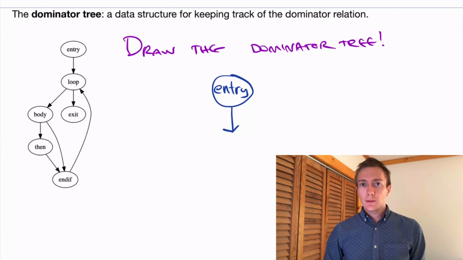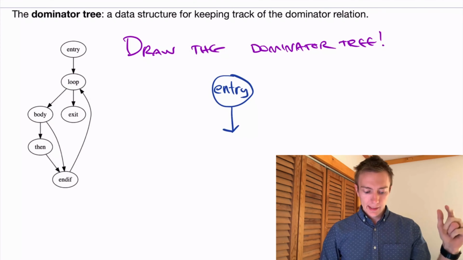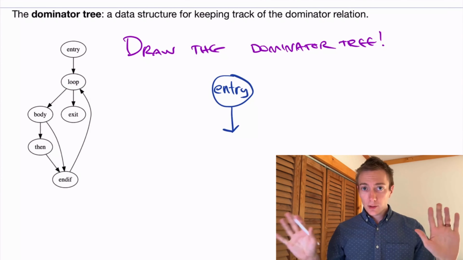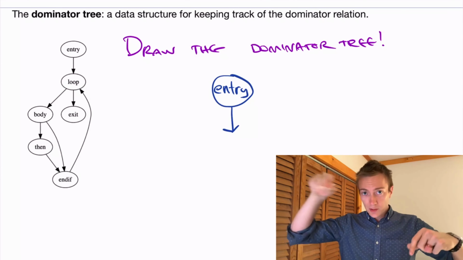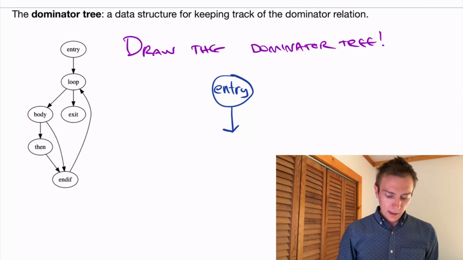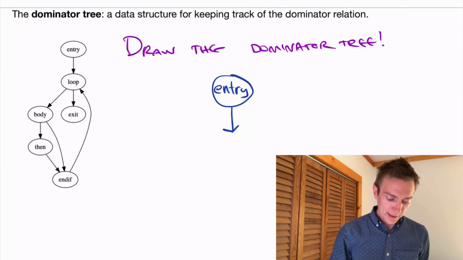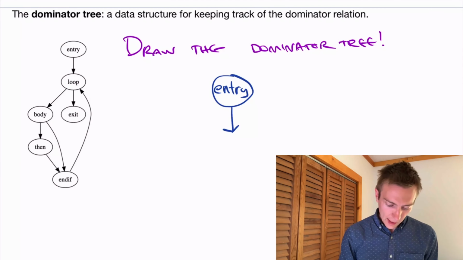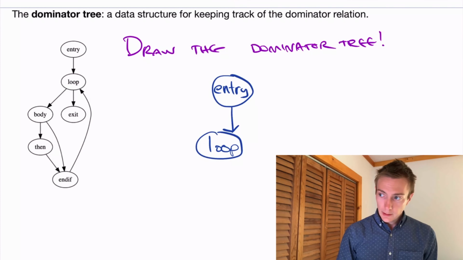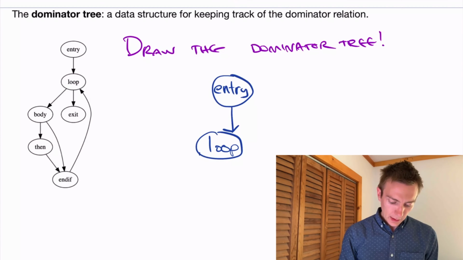The reason I showed you the immediate domination definition is that the children of a given node in the dominance tree are the nodes that it immediately dominates. So not all the nodes that it dominates ever, those will be all the recursive children, but the immediate children are the things being immediately dominated by this. And for entry, that is just the loop basic block. Loop immediately dominates two nodes.